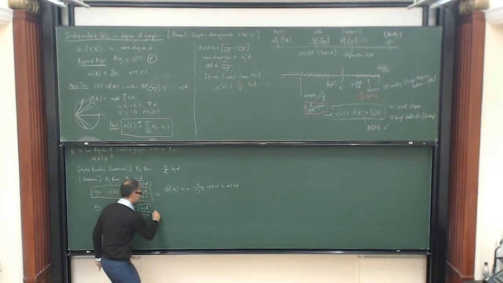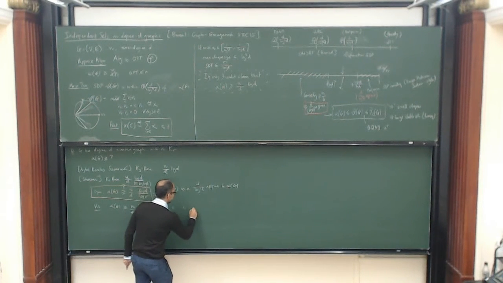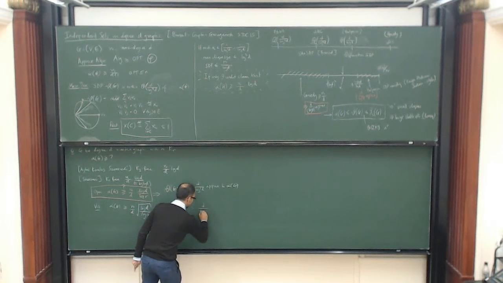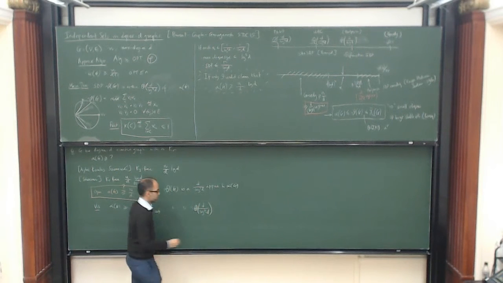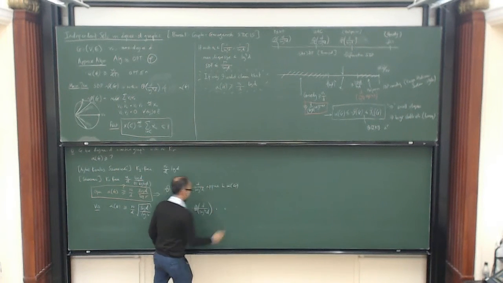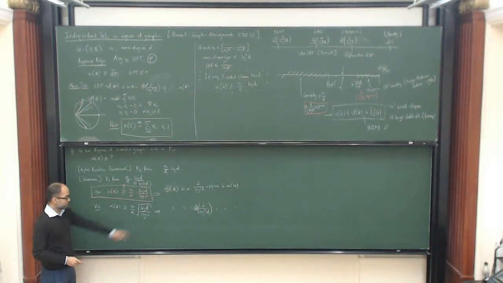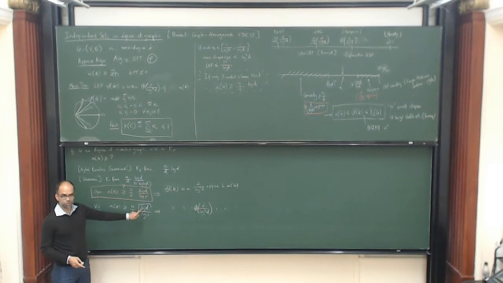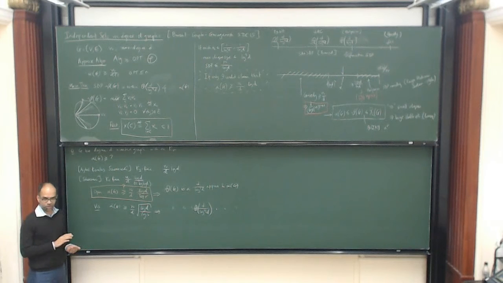And what this implies is that the theta function is D over log to the 3/2 D. And the 3/2 is just coming from this stupid square root. Okay?